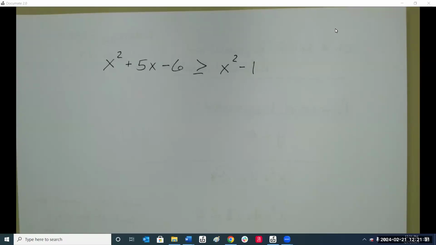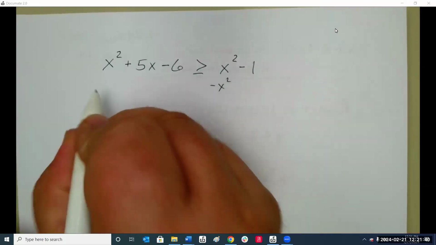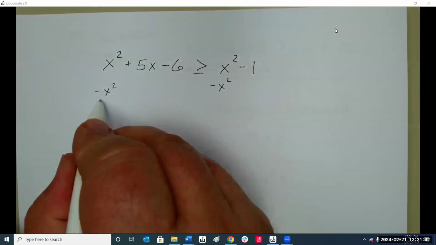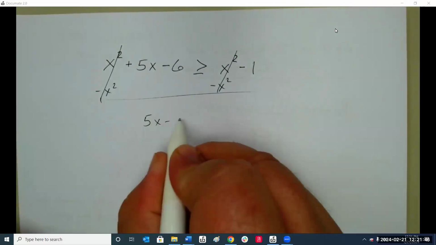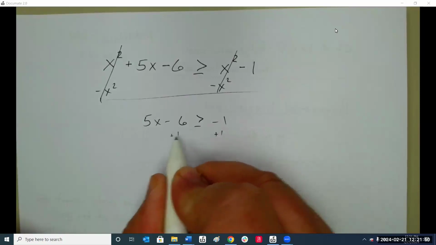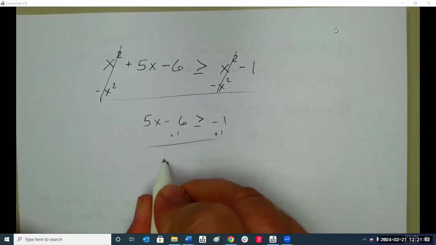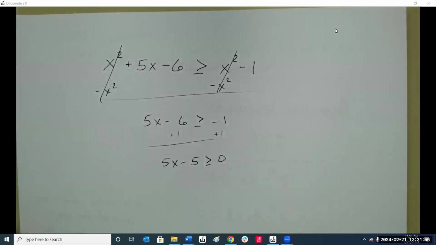Let's look at this equation. First step is always set it equal to 0. So we subtract x squared from both sides, and add 1. So 5x minus 5 is greater than or equal to 0.